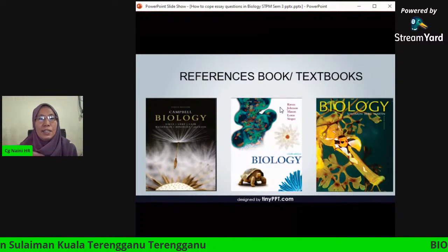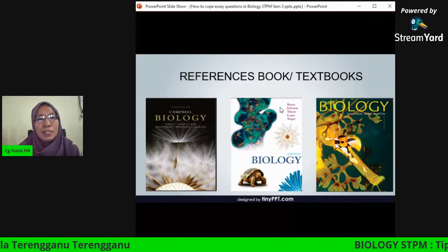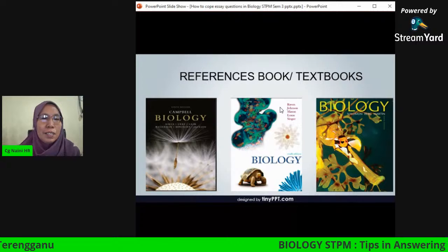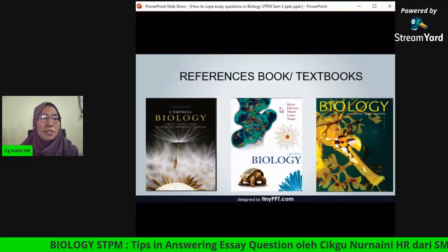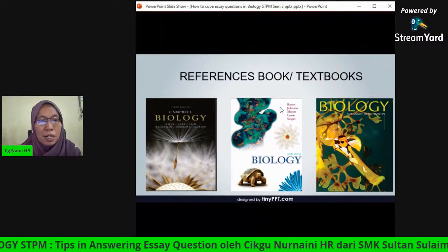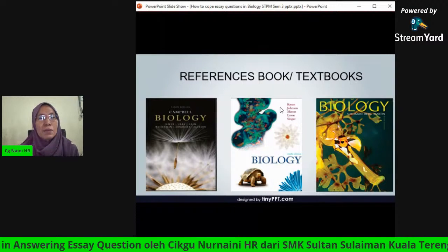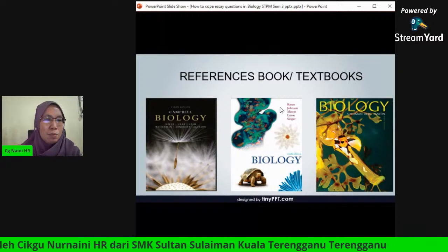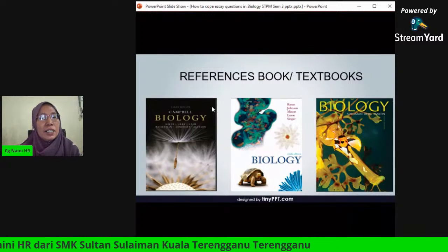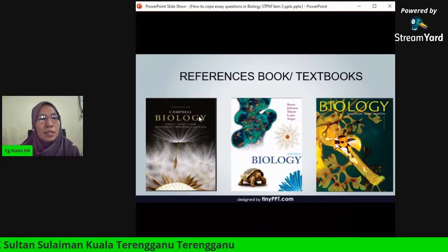Okay, and reference books, buku rujukan yang biasa digunakan. Kita tidak ada buku teks yang khusus. Biasanya kita ada buku rujukan. Dan rujukan utama yang biasa cikgu gunakan sebagai teks, what we refer to as textbooks, is Campbell, Biology Campbell.